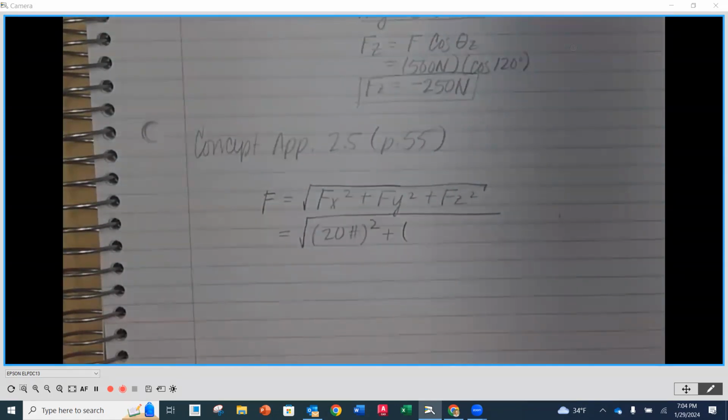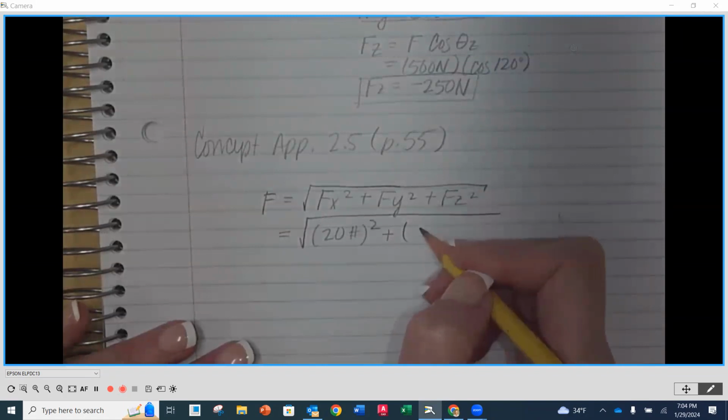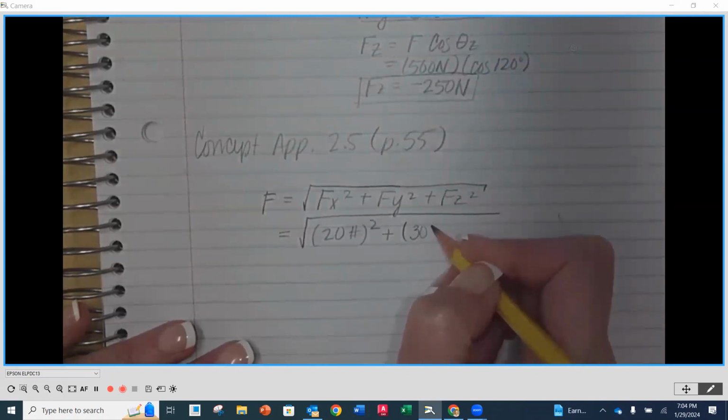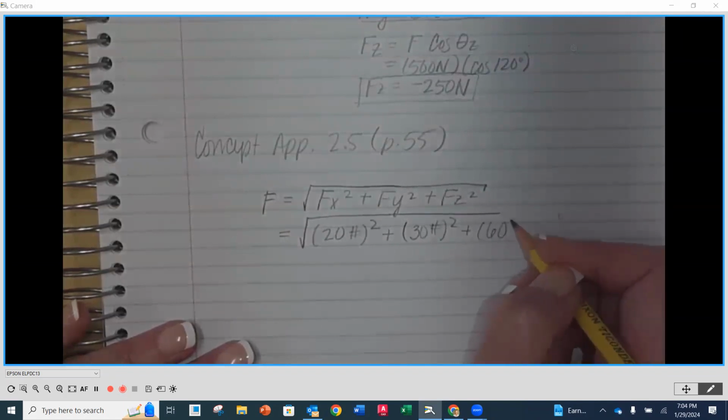Negative times a negative becomes a positive. You could put the negative in the parentheses to square it, but I usually put absolute value because it's going to become positive anyway. So 30 pounds squared plus 60 pounds squared.